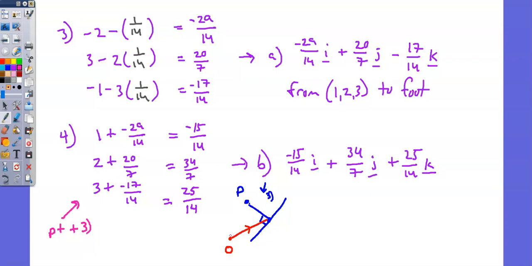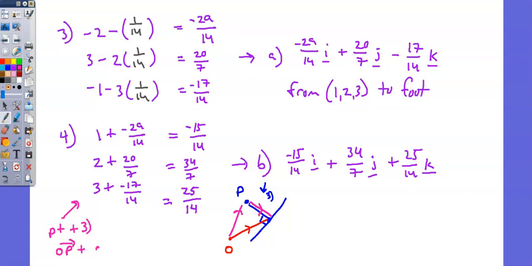So what's happening in the diagram is the point is a vector. We can make the point a vector, OP. And so what we're doing in step 4 is point plus 3 is OP plus, and what we found in 3 was P to the point on the line.